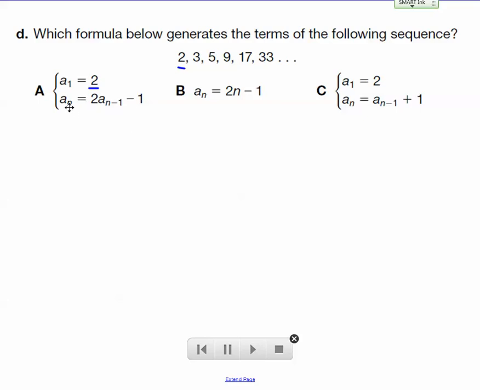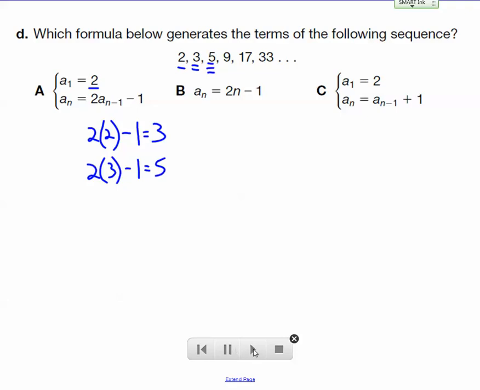Then they're saying the value of every term is 2 times the previous term minus 1. So we're going to do 2 times 2 minus 1, which would be 4 minus 1, which is 3. And 3 is the second term. So the third term is going to be 2 times the previous term minus 1, which is 5. And there's that 5.